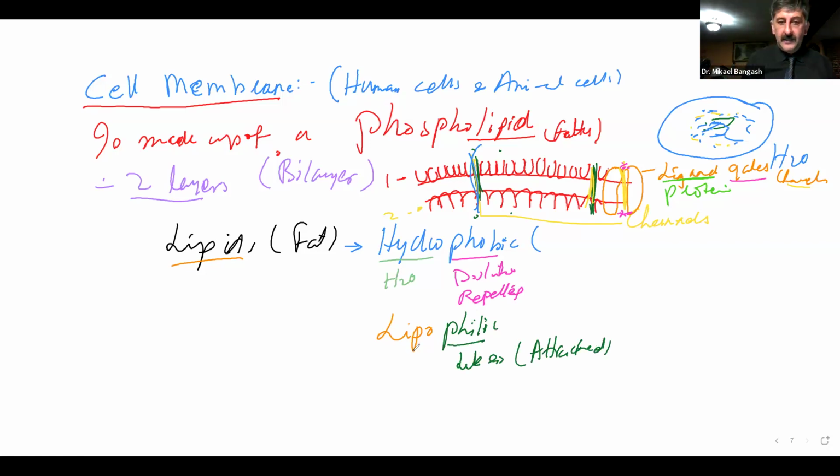So yes, fatty substances could mainly pass through the cell membrane very much indiscriminately, because the cell membrane is made up of lipids, a phospholipid bilayer. So it allows fat-soluble substances to enter and leave the cell.